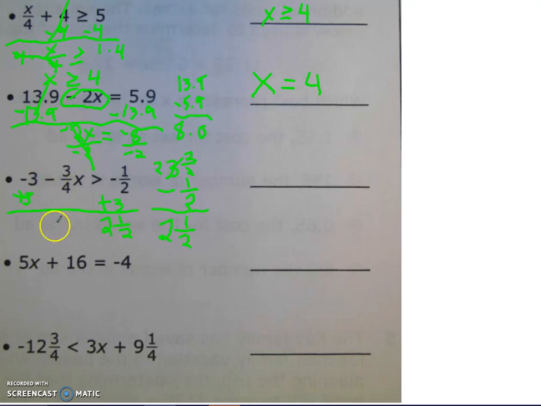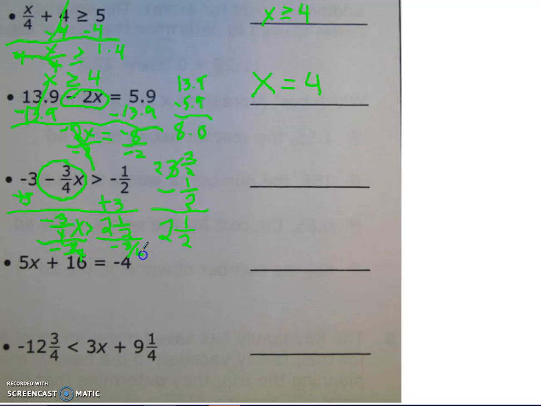And I'm going to divide by negative 3/4 x. So the negative 3/4 and x are multiplying. The opposite is division. So we are going to have to divide by 3/4.